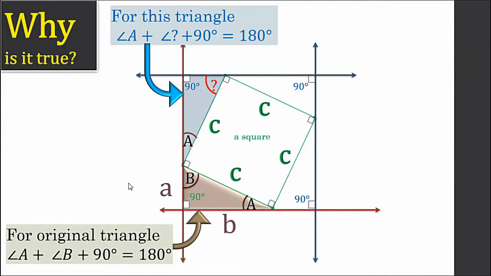Now, let's examine the sum of the angles for the original triangle in the olive green box with the triangle shown by the blue arrow and shaded in light blue.